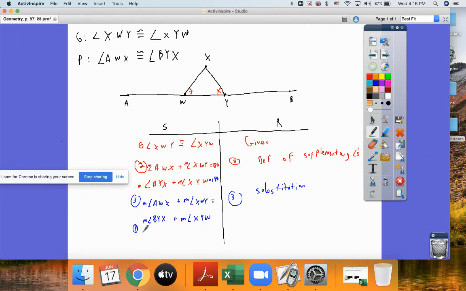So it's going to be another substitution. So I'm going to say the measure of angle AWX plus the measure of angle XWY is equal to the measure of angle BYX plus the measure of angle XWY. Well, they're the same. So I can say that's substitution.